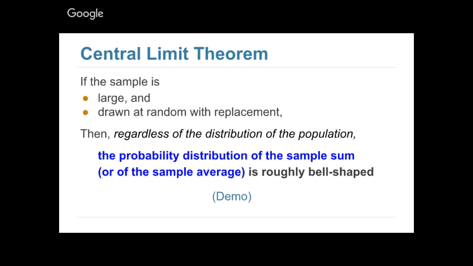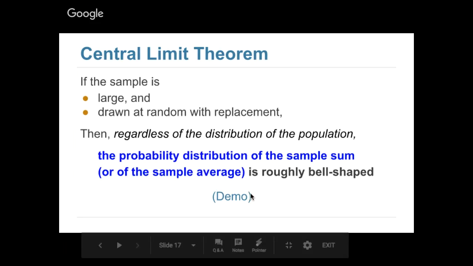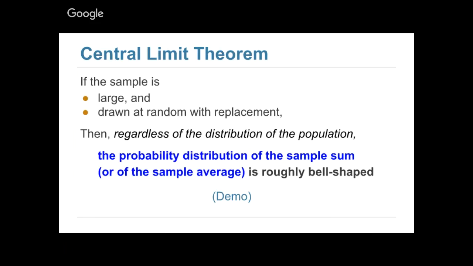For our purposes, it's just important to know that if we take large samples, then the distribution of our sample means will be roughly normal, which is very convenient. It's what allows the bootstrap. You remember from the bootstrap, we had some criteria for when you couldn't use it, right? One of those criteria is when the sampling distribution of your statistic is not roughly bell-shaped, and that's the case when the central limit theorem does not hold.